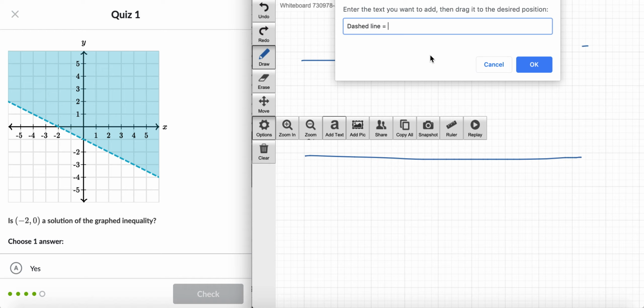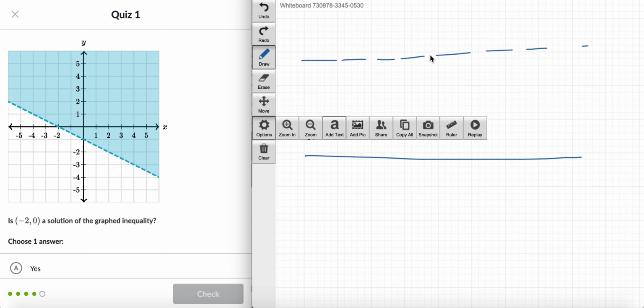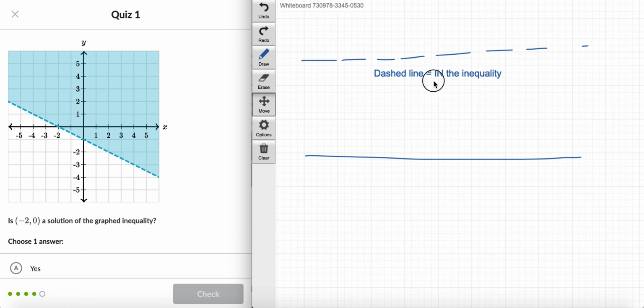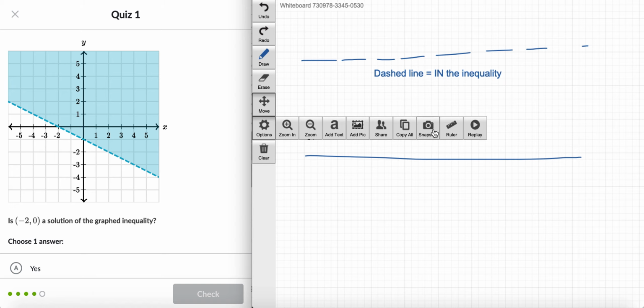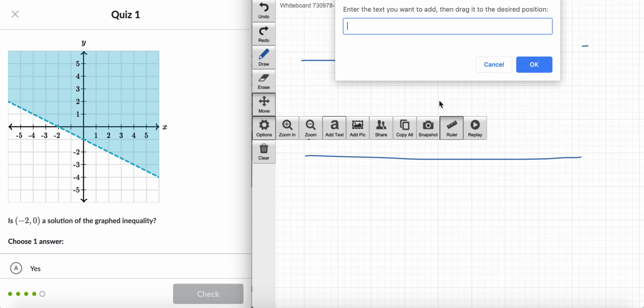If a point is on a dashed line, is it counted in the inequality?